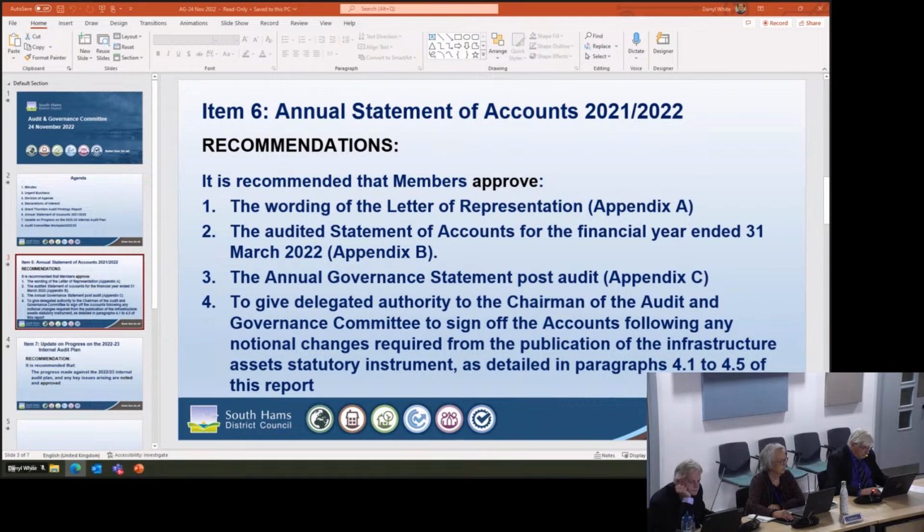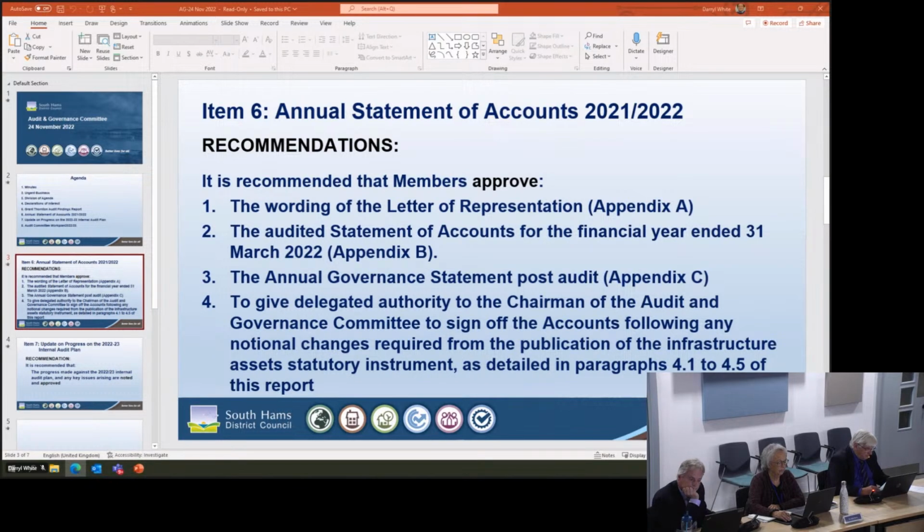Thank you, Chairman, and thank you, Mr. Murray, for your report, which was, as the leader said, an excellent report for our officers who worked so hard on it. Anyway, moving on to item 6. This report presents a summary of net revenue and capital expenditure for members' consideration and seeks approval of the audited statement of accounts for 2021-2022.